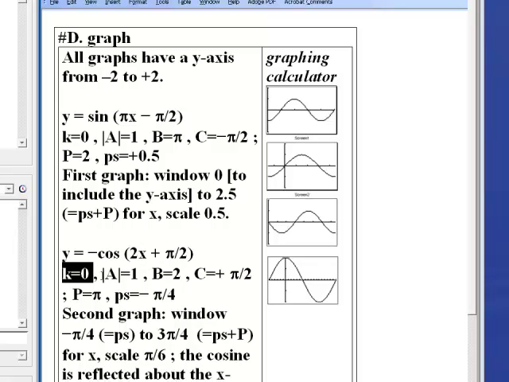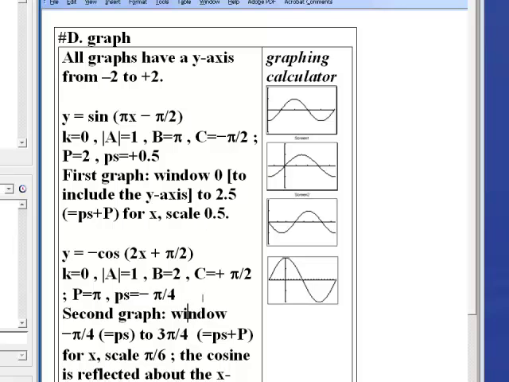No vertical shift. Amplitude is 1, but notice it's reflected about the x-axis. Coefficient b is 2, therefore period equals 2 pi over 2, which is pi. And we have a coefficient c of pi over 2, which divided by the 2 here is pi over 4, and then a negative from the phase shift formula will give us a phase shift of negative pi over 4.